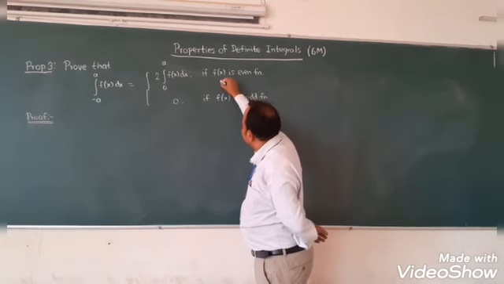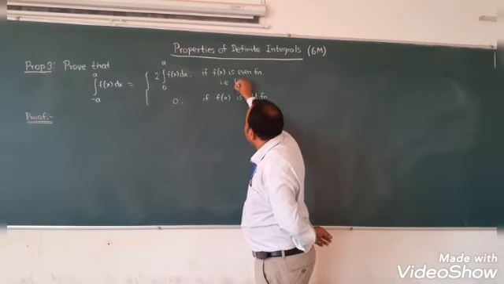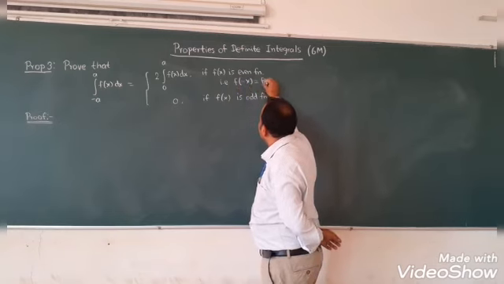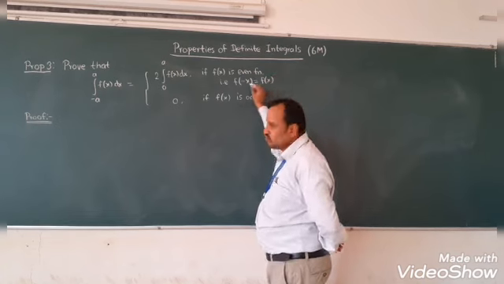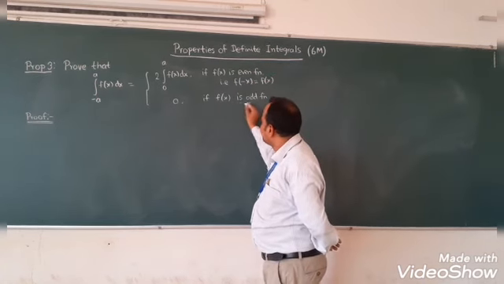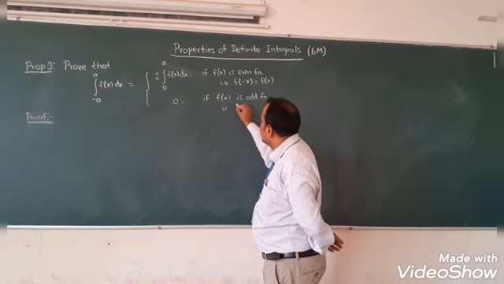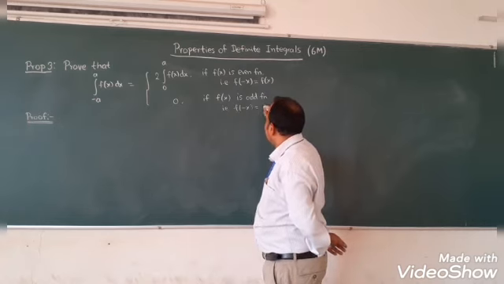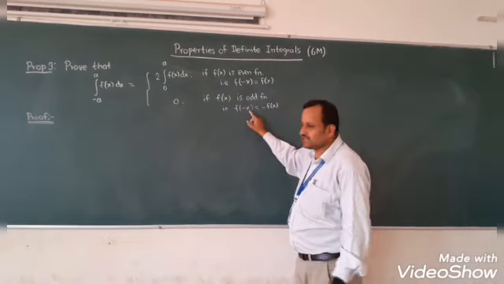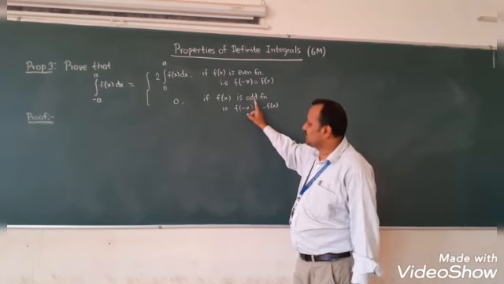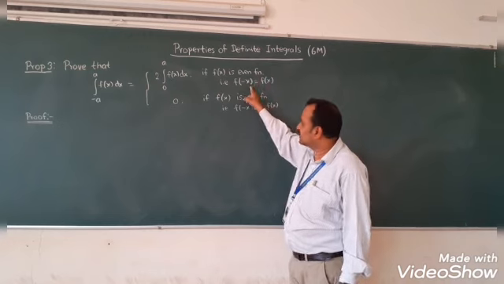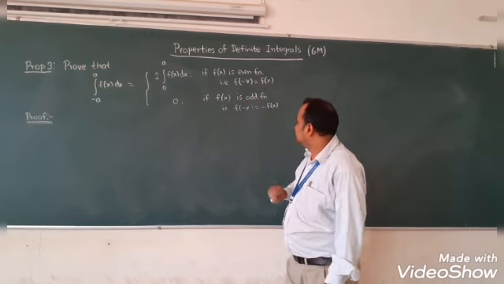So you have to remember, even function means f of minus x is equal to f of x. Once again you have to memorize this. F of x is odd means f of minus x is equal to minus of f of x. Sometimes they will give the second one, sometimes the first statement. So you should know even function means this is the condition, odd function means this is the condition.